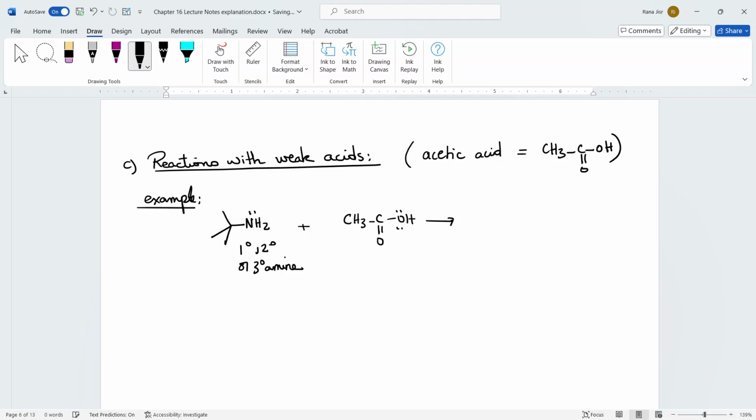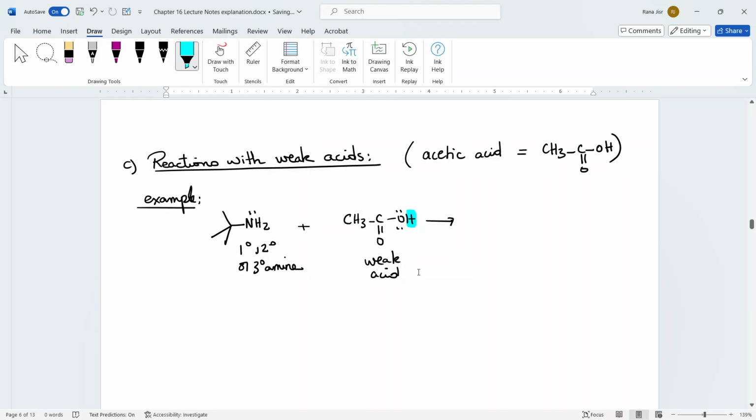So that is going to be my acetic acid there. Acetic acid is considered to be a weak acid. It is stronger than water, but it is weaker than HCl or HX. So it's a weak acid, but it's still an acid and it does have an acidic hydrogen in there. Okay, so the reaction is going to follow the same rules.